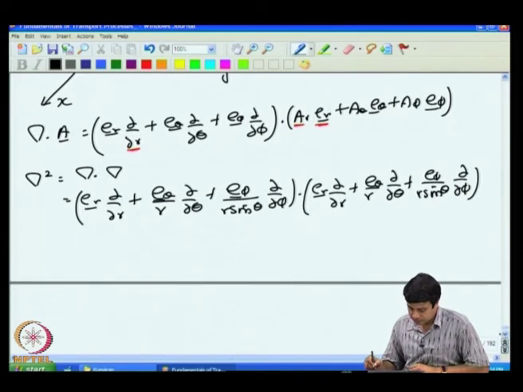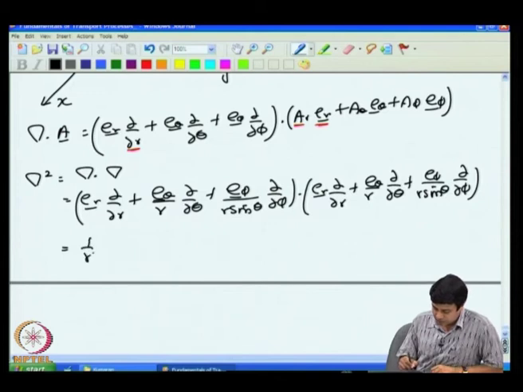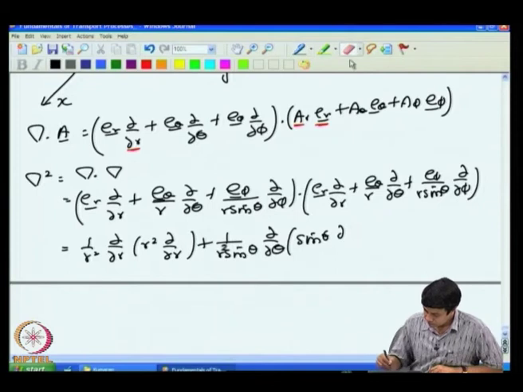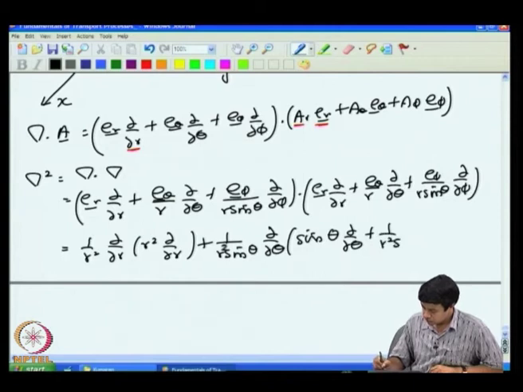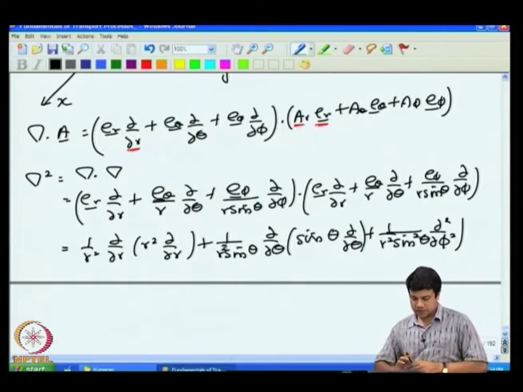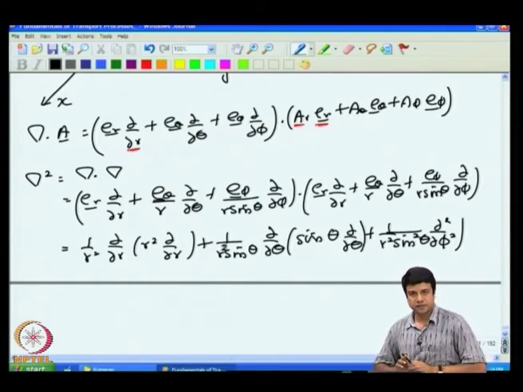And if you take the derivatives of the unit vectors, you will end up with 1 over r square d by dr of r square ... So, this is the Laplacian operator in a spherical coordinate system.